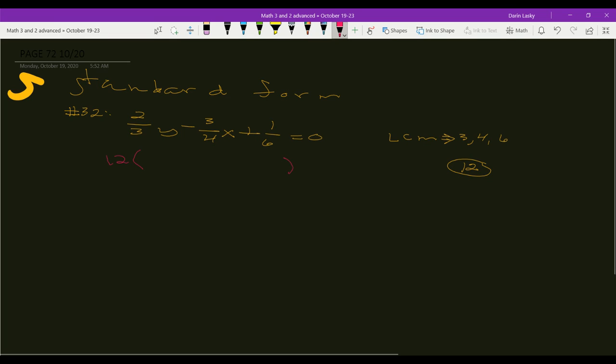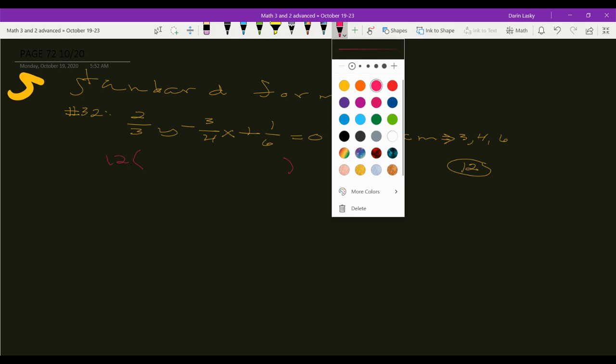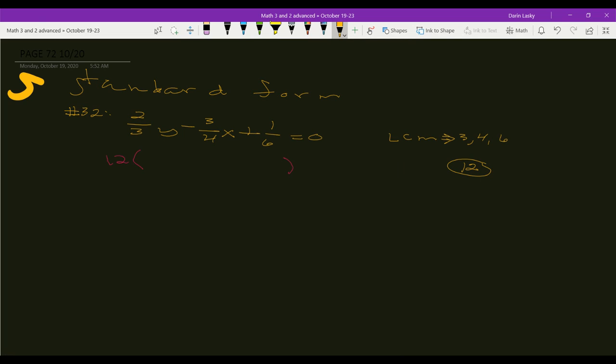The other numbers will stay the same, but I'm going to rearrange them, because it's got to be in a certain order. So we're going to go negative 3/4 x plus 2/3 y plus 1/6.